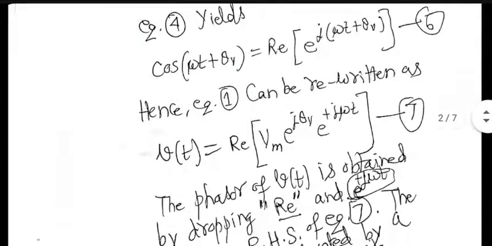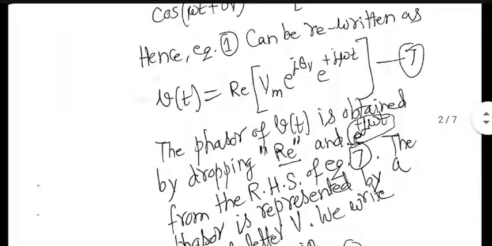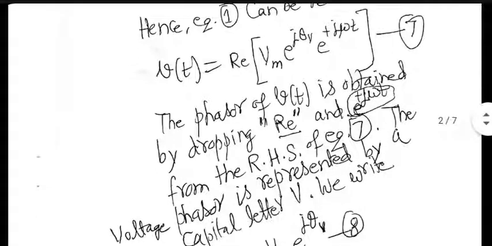So small v is now the real part of Vm multiplied by e to the power j theta v, e to the power j omega t. This is still time domain. The corresponding phasor is written by dropping Re and dropping e to the power j omega t.